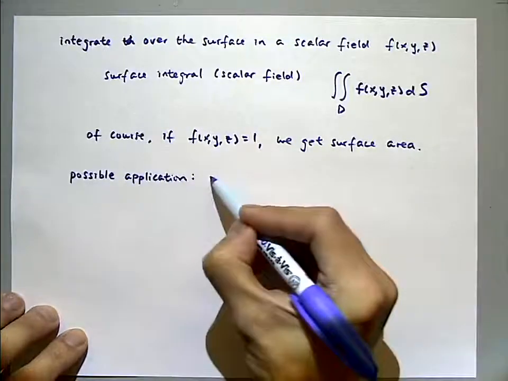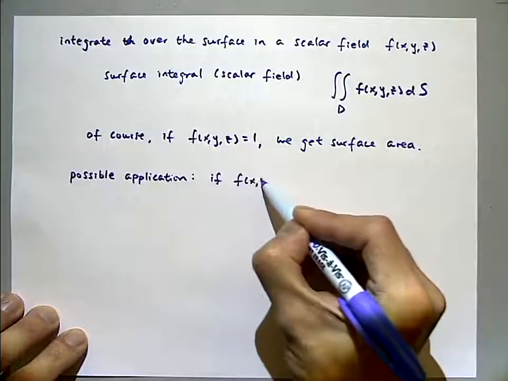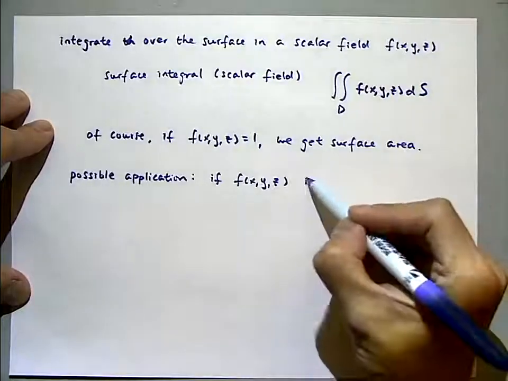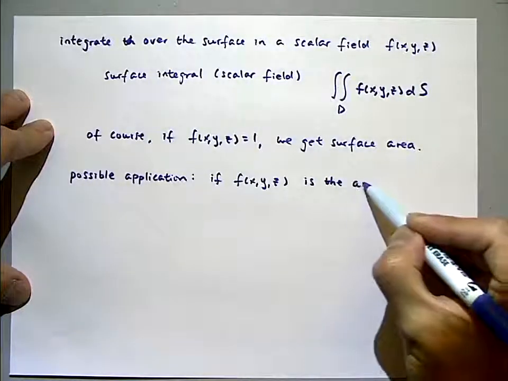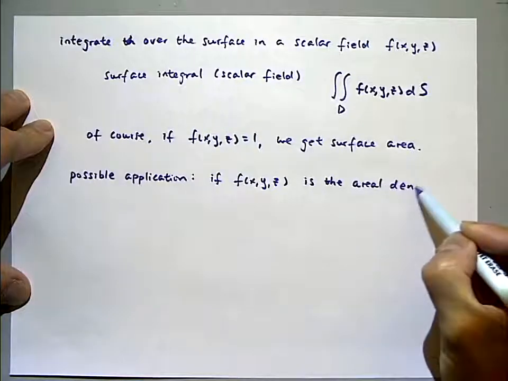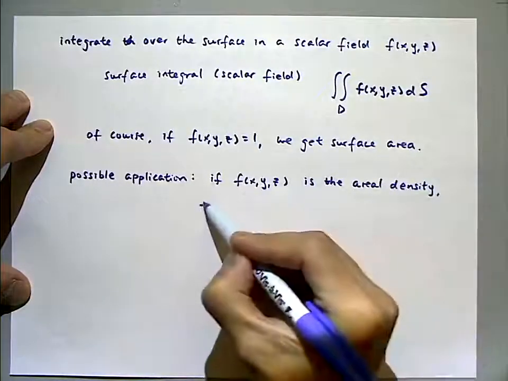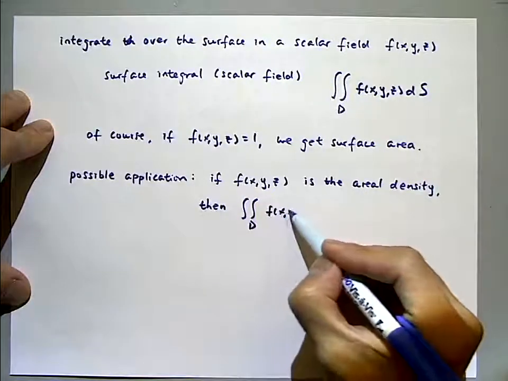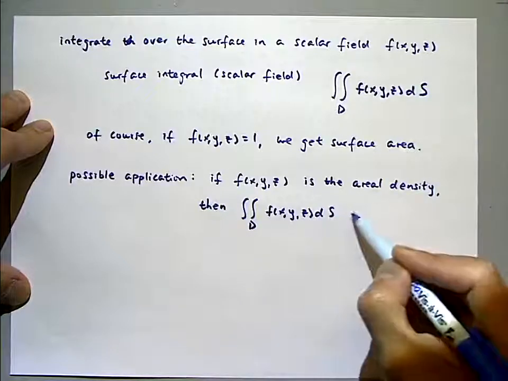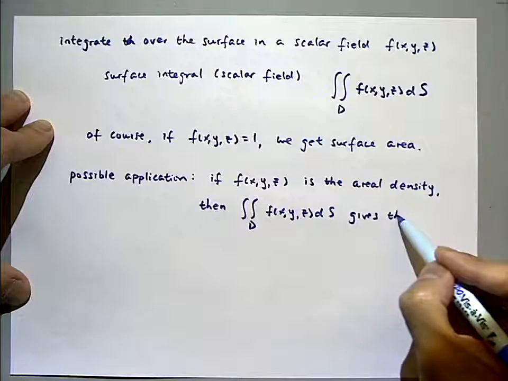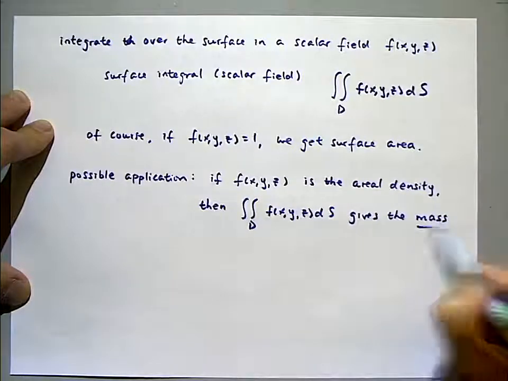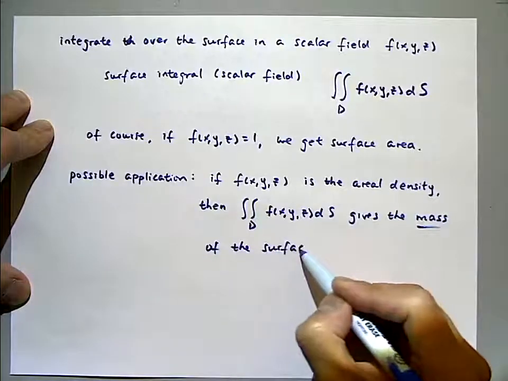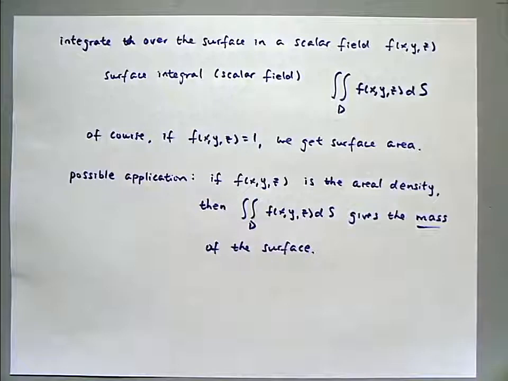Possible application. Suppose that this function we're integrating, f of x, y, z, is the areal density. Then if you integrate, double integral over the areal density, you'll get the mass of the surface. Right?